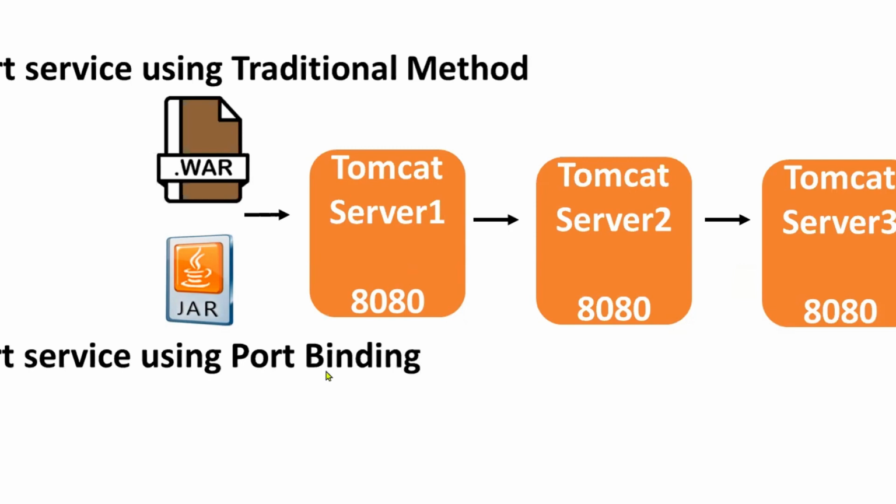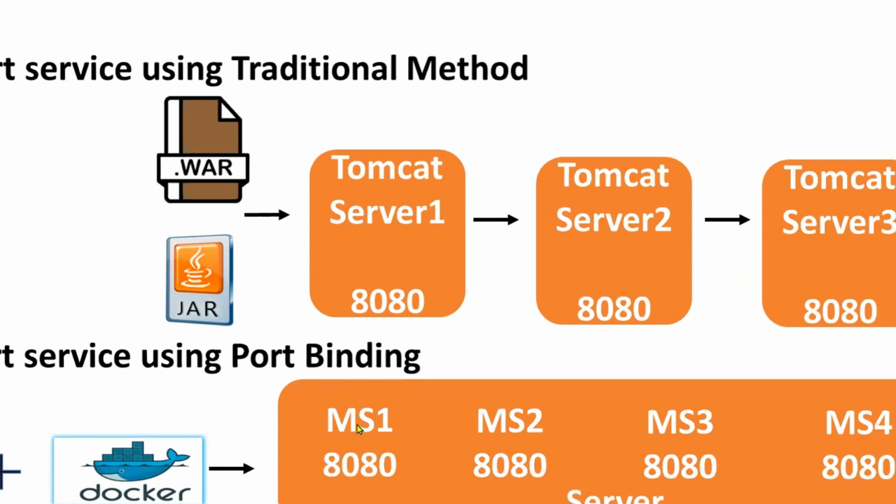But using port binding, what we are doing is, while creating the microservice, the war file will be bundled with a particular image. Okay, and that image will be deployed as many times as needed on a single server. When it is deployed many times, it will be running as containers. So here we have 4 containers which will be exposed on port number 8080. How is this exposed?